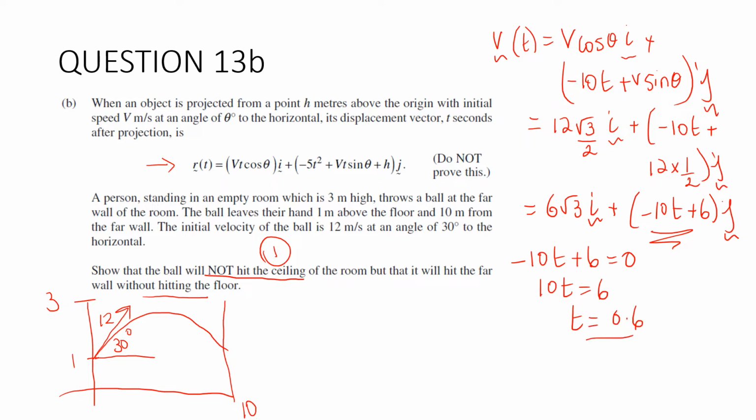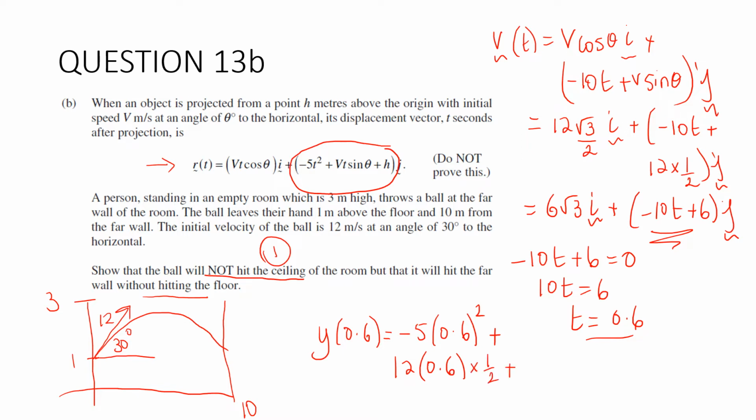Now we're going to substitute that in to our expression for y to find the maximum height. So y of 0.6 will equal negative 5, 0.6 squared plus v is 12, t, sine 30 is a half, and h is 1.